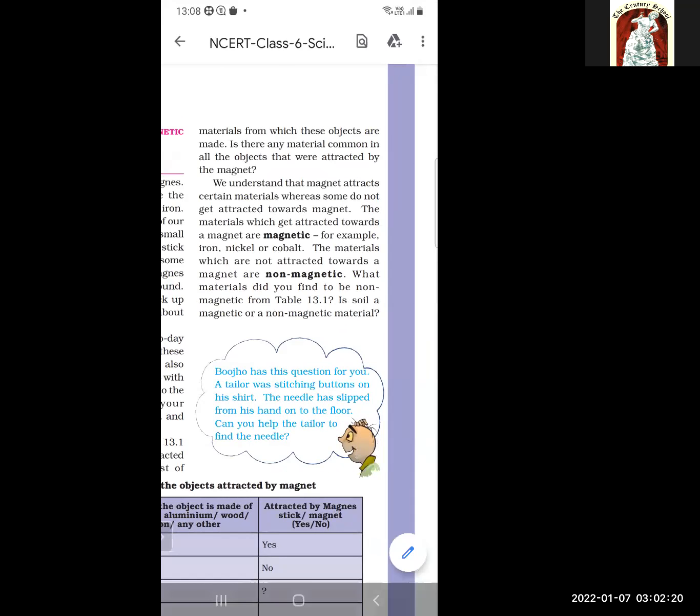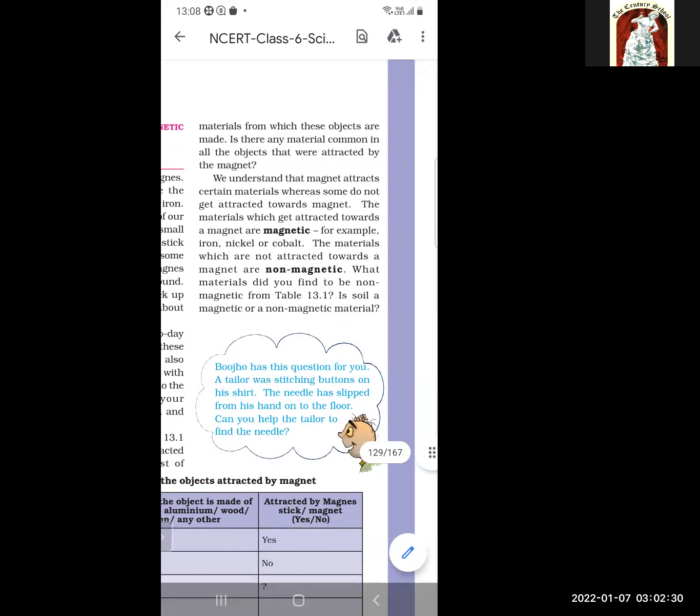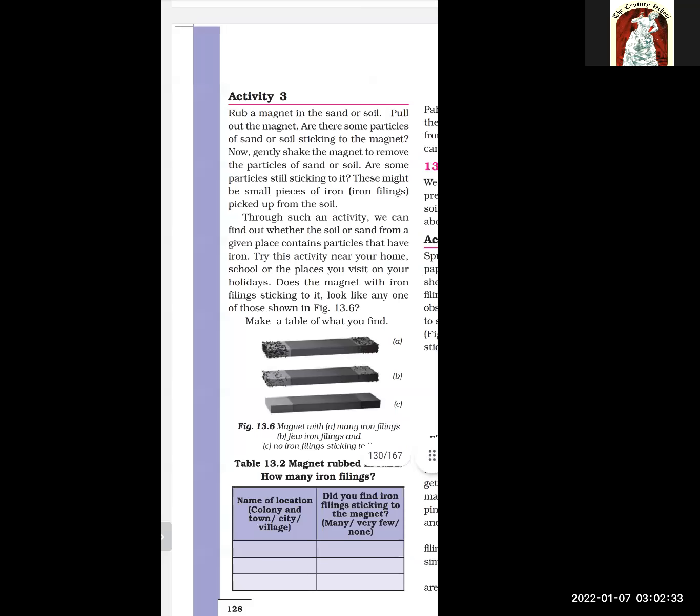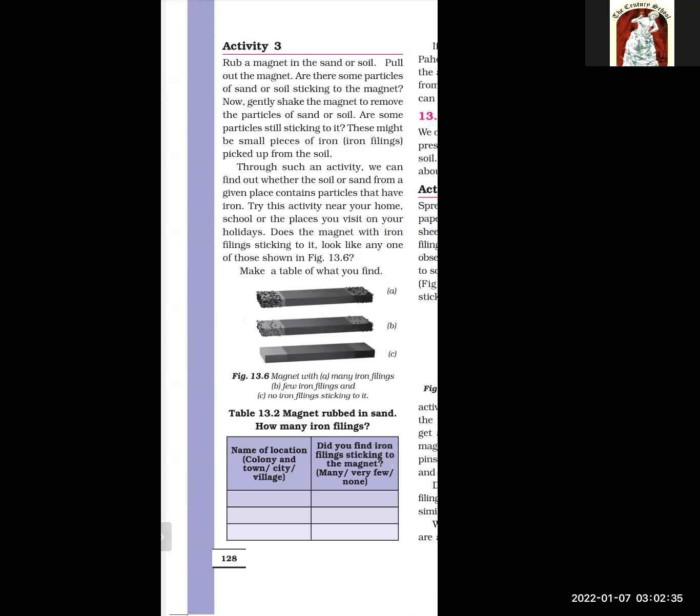Examples of non-magnetic materials are plastic and wood.